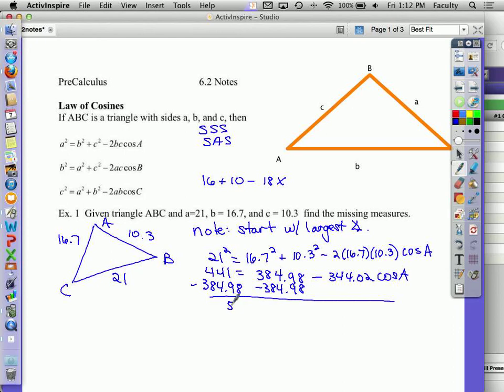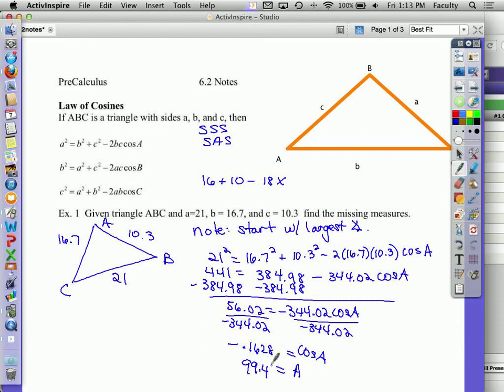And I got 56.02 equals negative 344.02 cosine A. So just remember that product in front of cosine A is just the coefficient of your unknown. So then you divide by that. And I get cosine A equals negative 0.1628. Inverse cosine, check your mode.